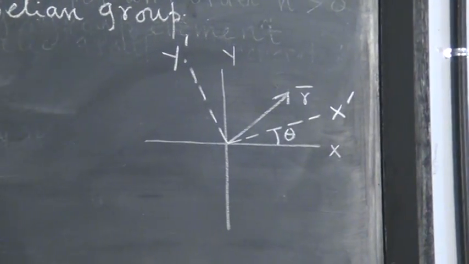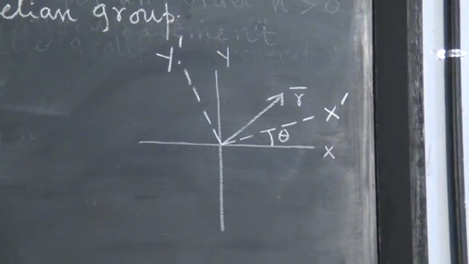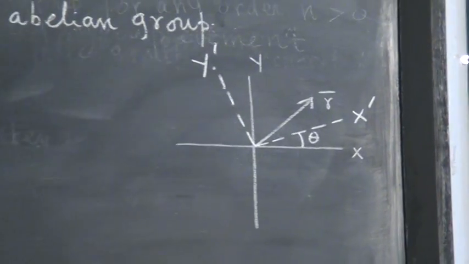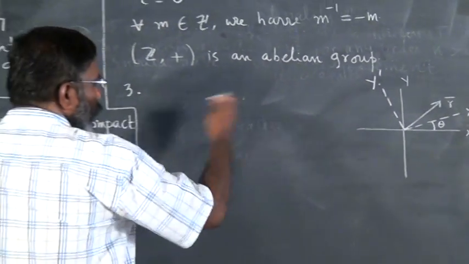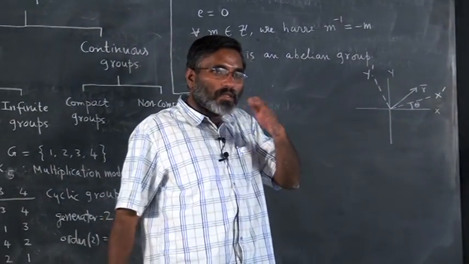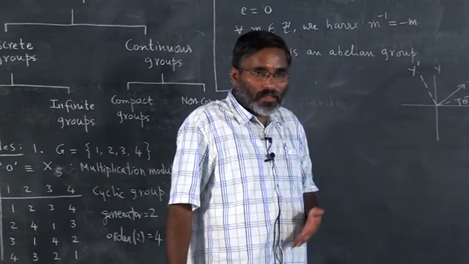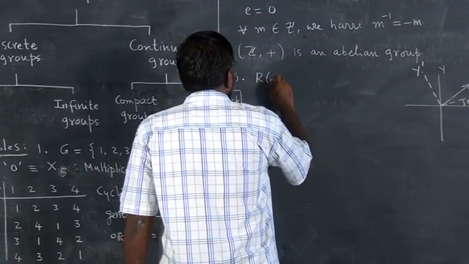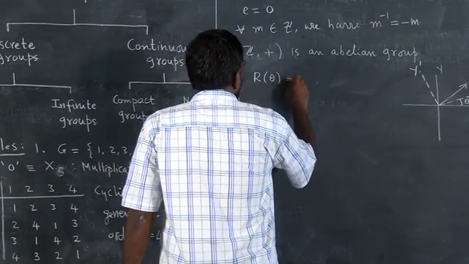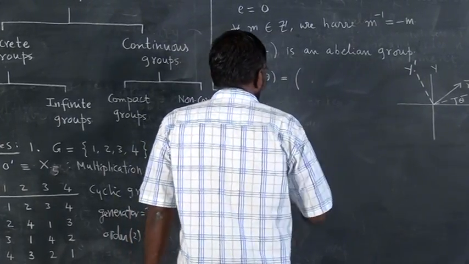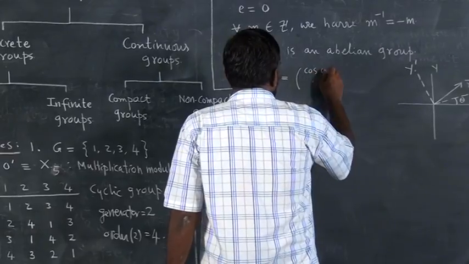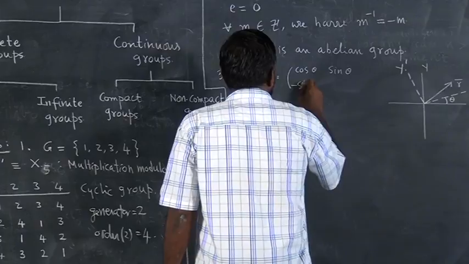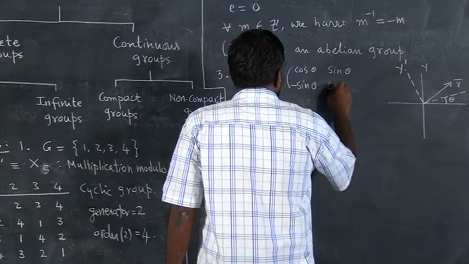Ask the question: what will happen to the coordinates of this vector in the new frame? The rotation is effected by a rotation matrix. So you will have a matrix called R of theta, which is equal to cos theta, sin theta, minus sin theta, cos theta.